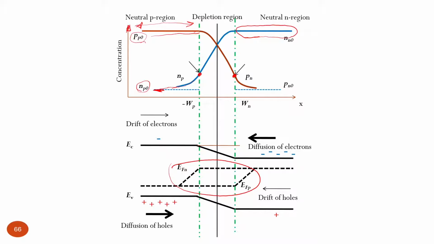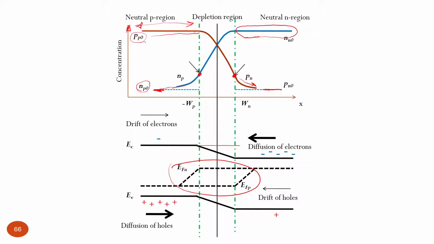Then these injected holes are compensated by majority electrons, and as a result, we end up with equilibrium concentration of minority holes in the n-type region. So that's what happens.